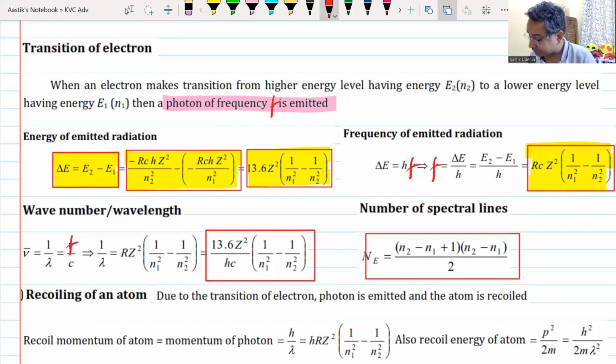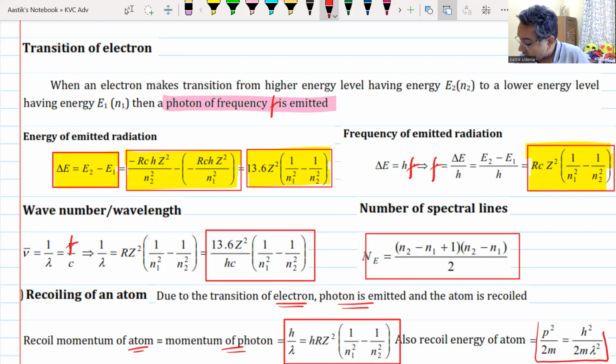Now, when this electron makes a transition, a photon is emitted and the atom recoils. This is the question that will come in JEE Advanced. The recoil momentum of the atom is same as the momentum of photon, and it is h by lambda. So you multiply 1 by lambda by h and you get this.